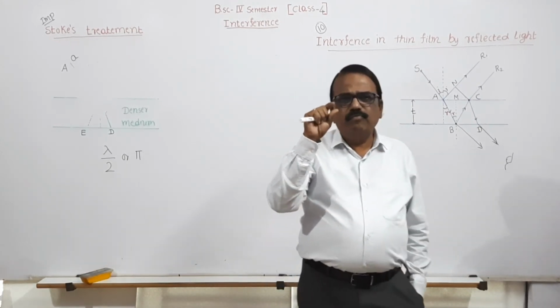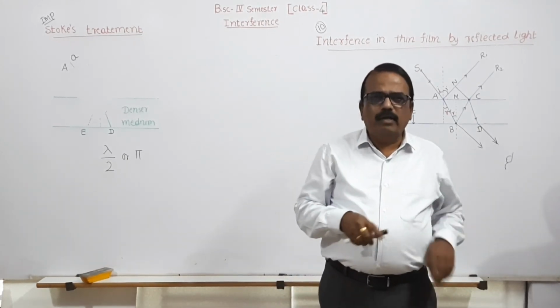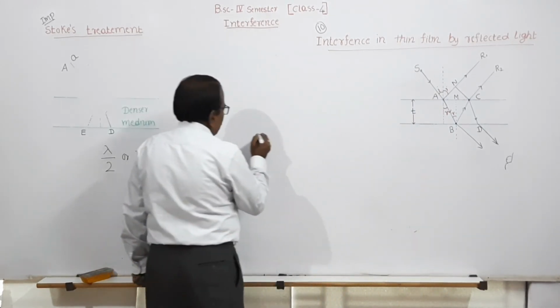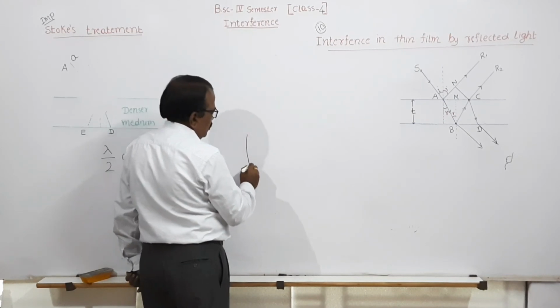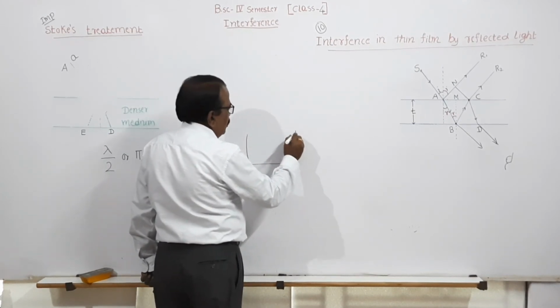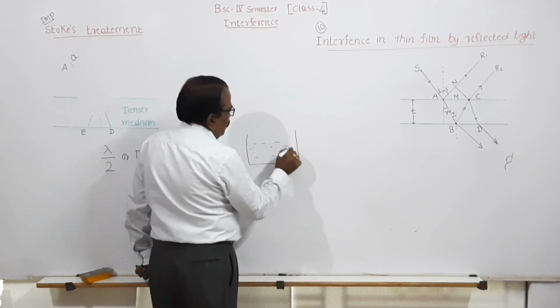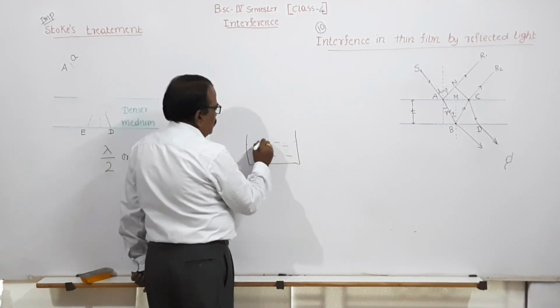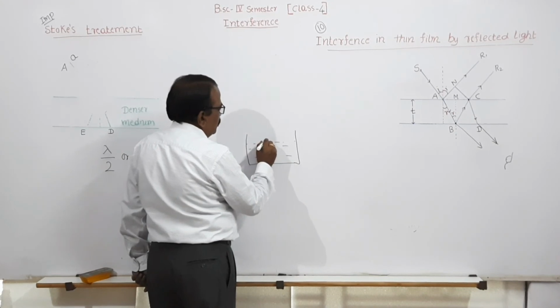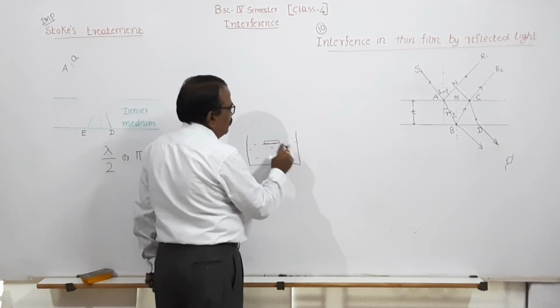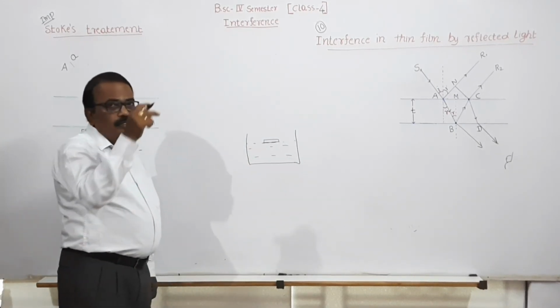If a thin film is illuminated by white light, for example, consider a beaker containing water. Then on the surface of this water, assume that a thin film is formed due to oil. Oil is poured.